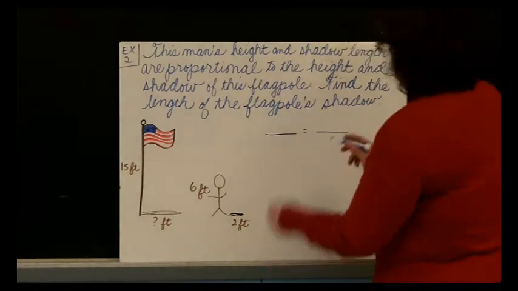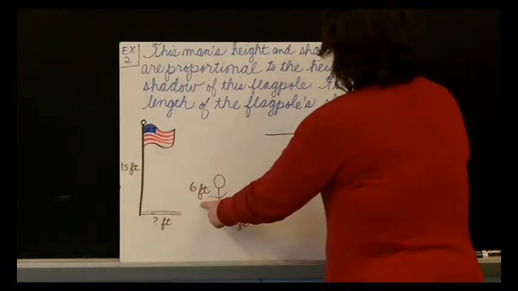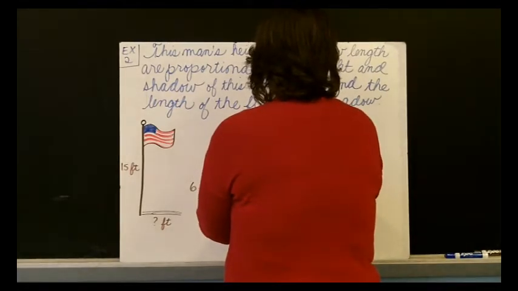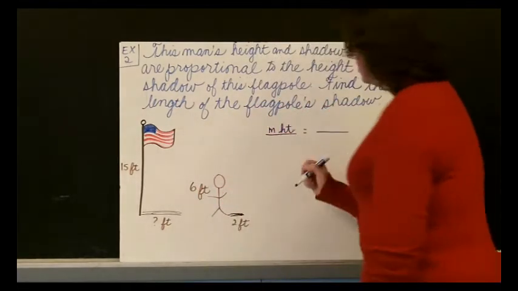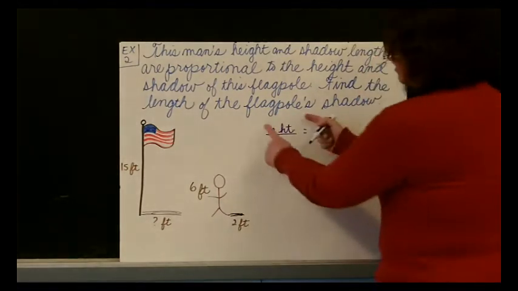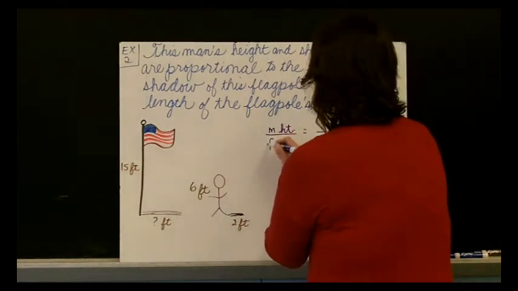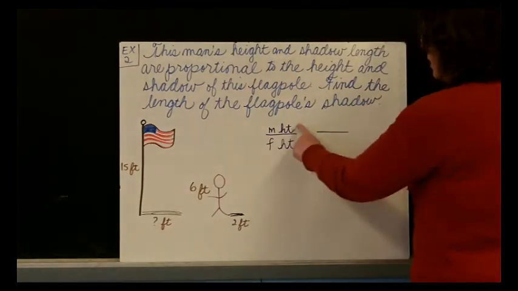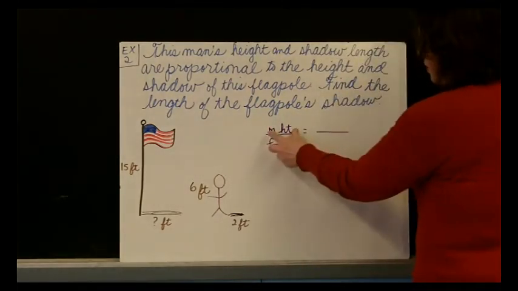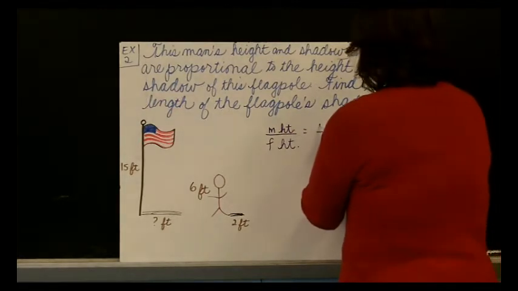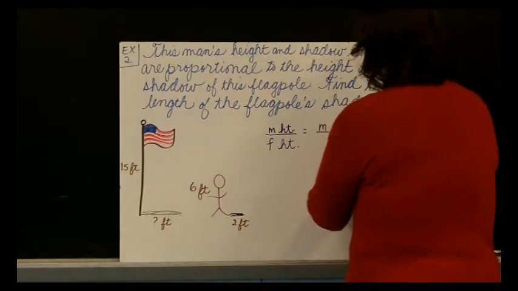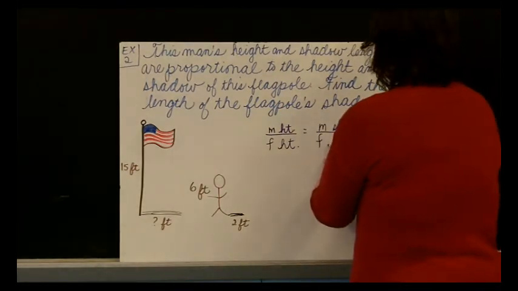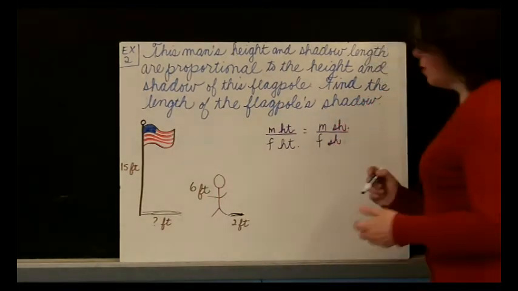So here we know the man's height, so we're going to talk about the man's height, I'm just going to abbreviate it, and that is proportional to the flagpole's height. And then in the numerator, since we're talking about the man's shadow length, it will be in the numerator here, and in the denominator will be the shadow of the flagpole.